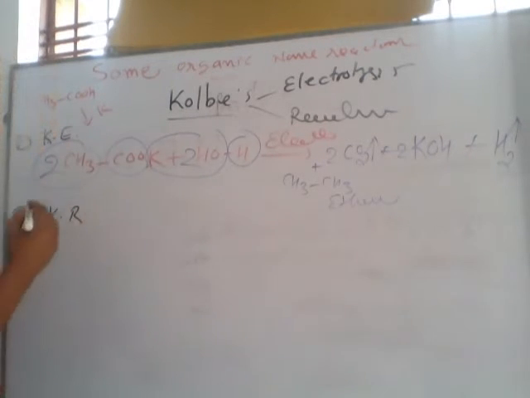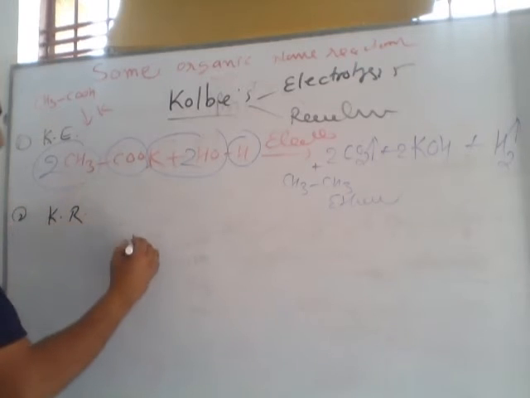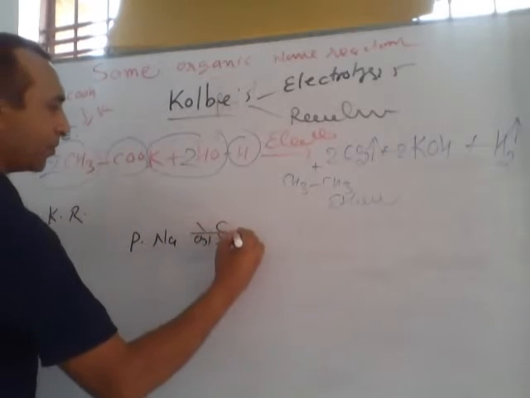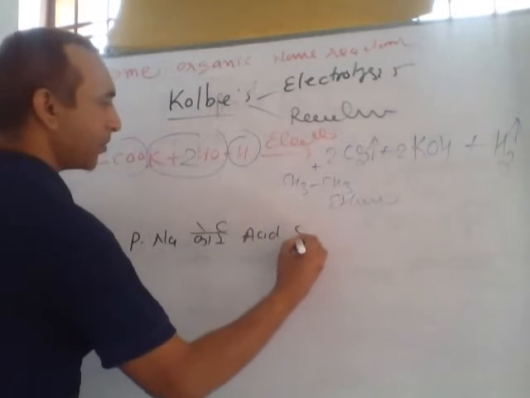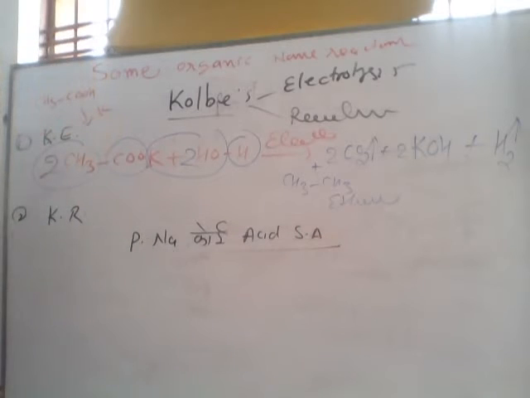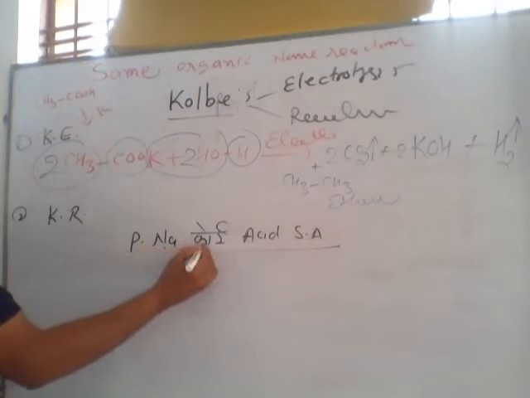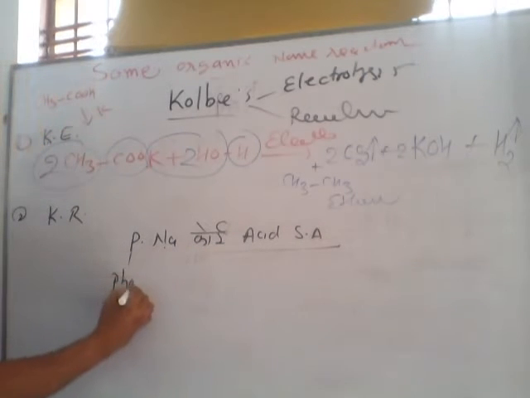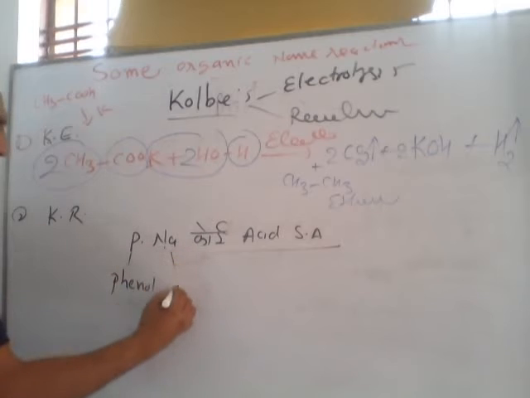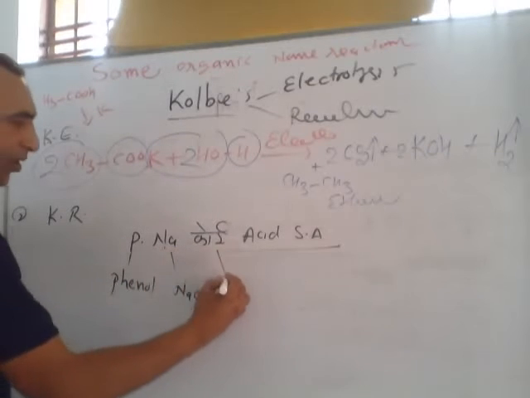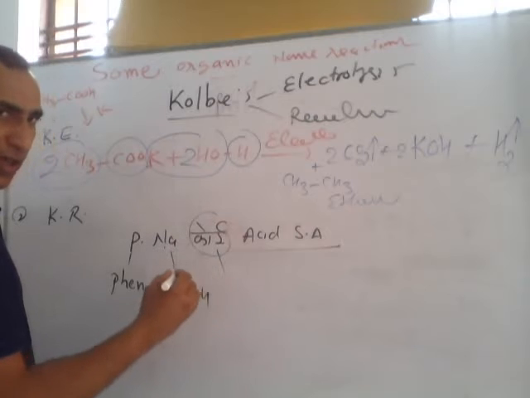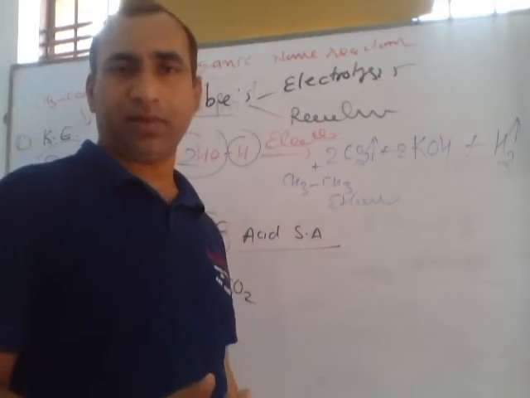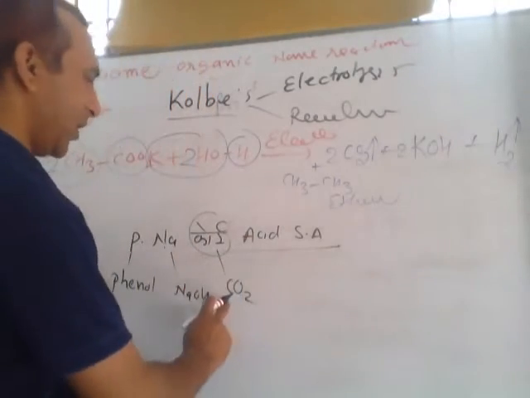For the Kolbe reaction, I am writing here: P Na KOI Acid Sa. Here P stands for phenol and Na stands for NaOH. KOI I am writing for carbon dioxide, to remember this molecule.